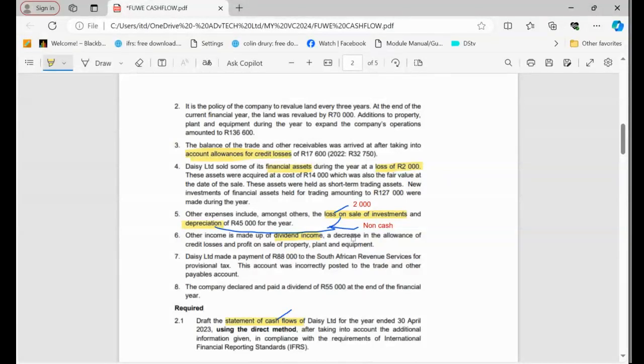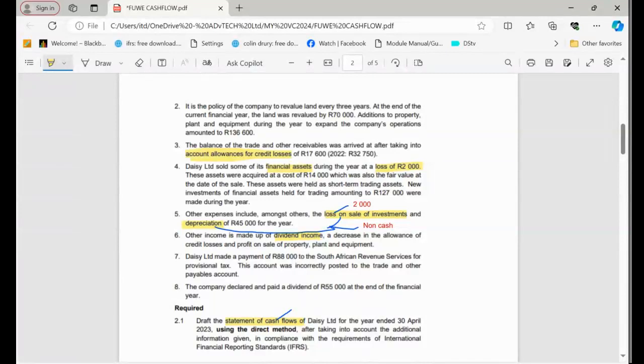So I'm going to take out the decrease in the allowances. I must also take out the sale. But we must first check these amounts because we don't know how much is the decrease. Let's go and check the decrease first.